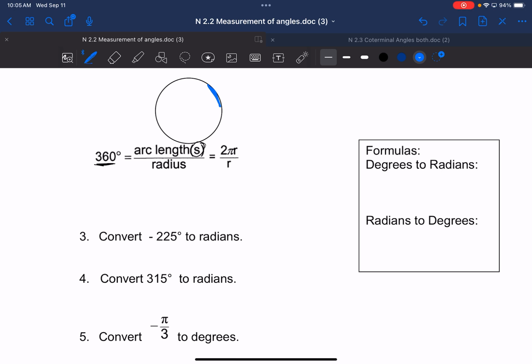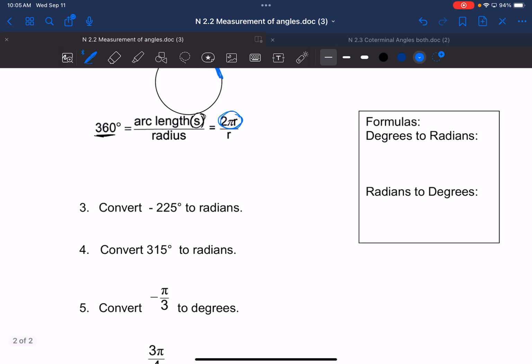Does anybody remember what we call the edge of the circle when we're finding that? Circumference, right? And this is the formula for circumference, right? 2 pi r. So they're saying it's the amount of 2 pi r being taken up, right? If it's the whole circle, then that would be the whole 2 pi r, right?